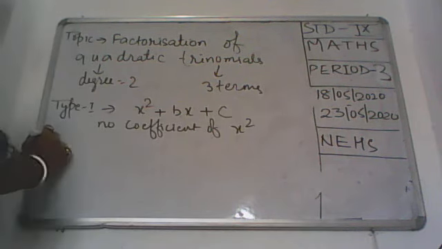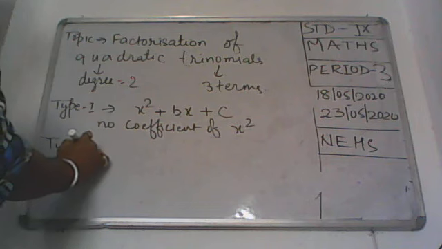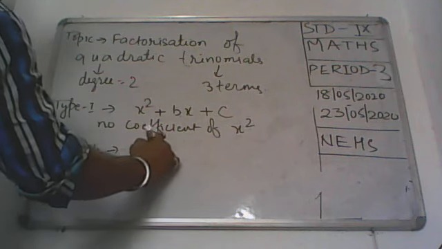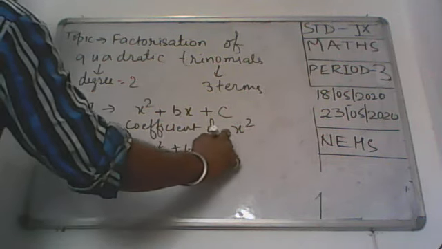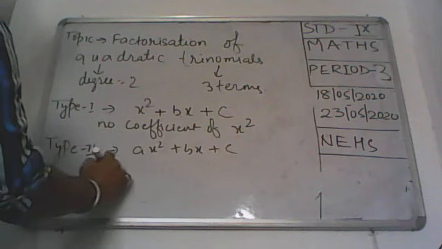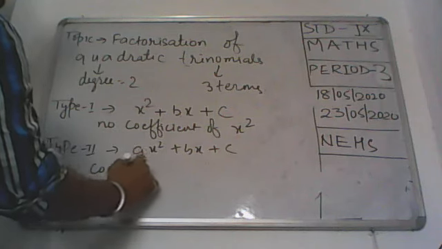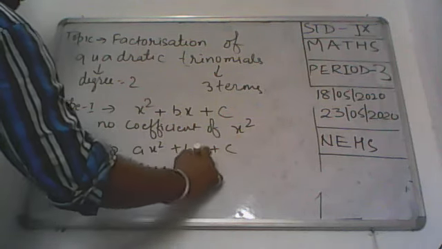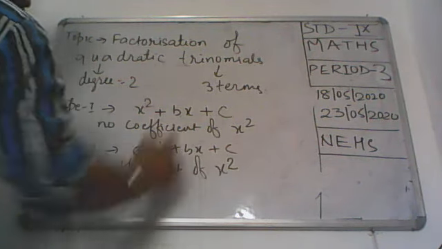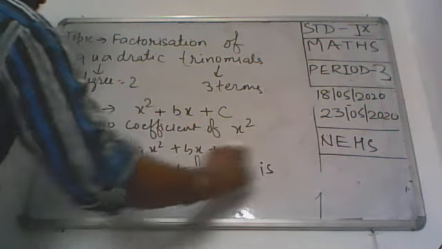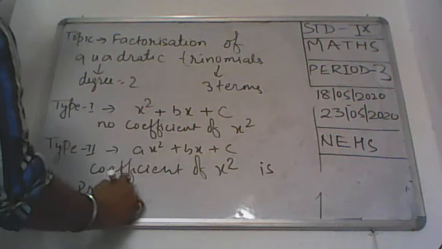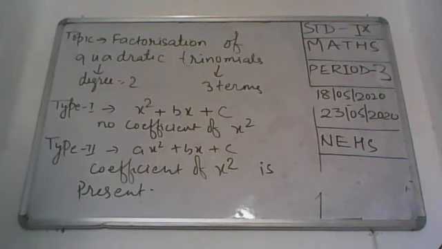Type 2 will be ax square plus bx plus c. Here the coefficient of x square is present. So we are going to discuss these 2 types of factorization of trinomials.